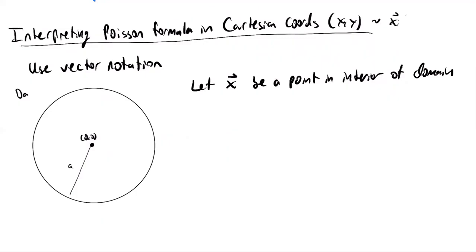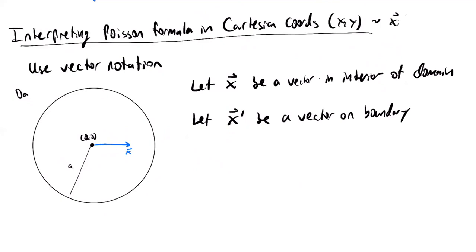Maybe this is my vector x. I'm also going to let x prime be a vector on the boundary. Say this is x prime over here.